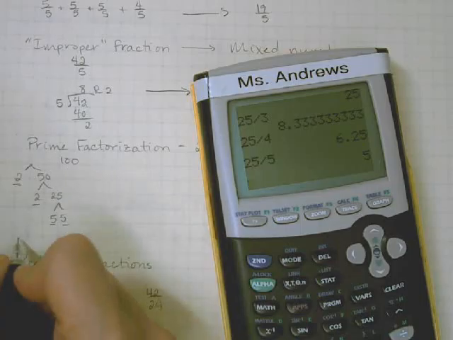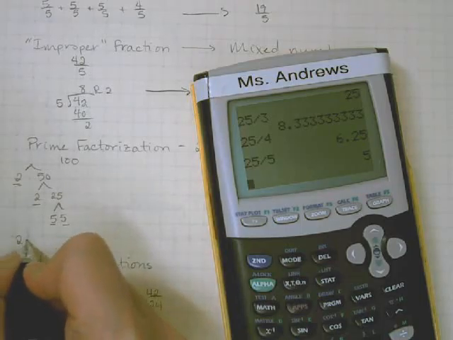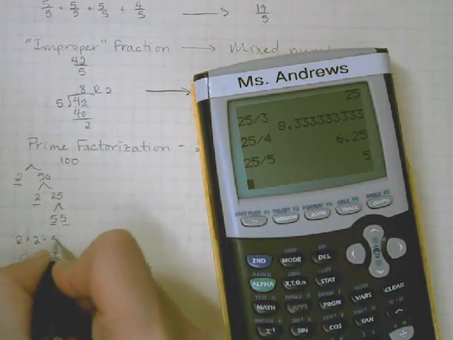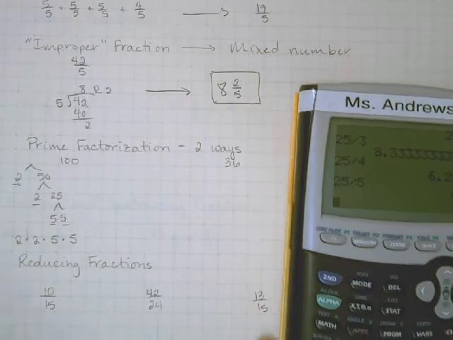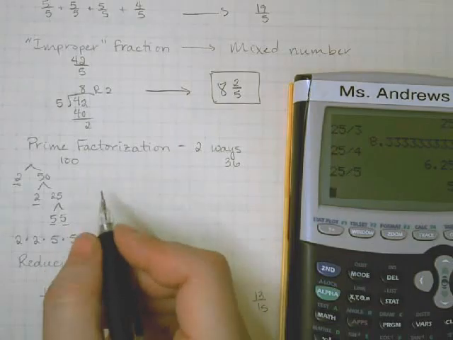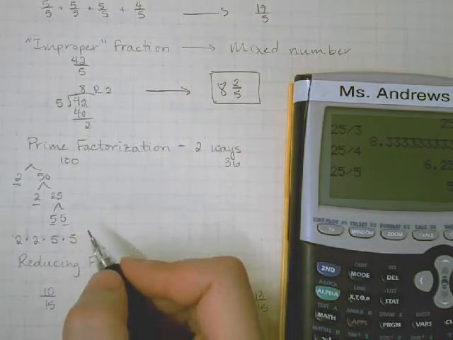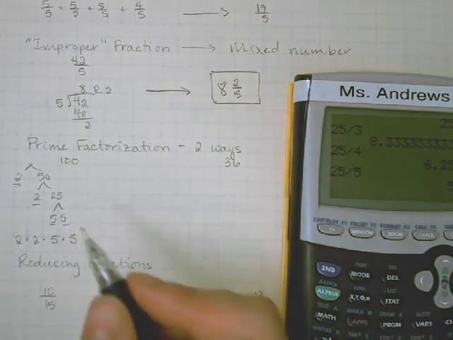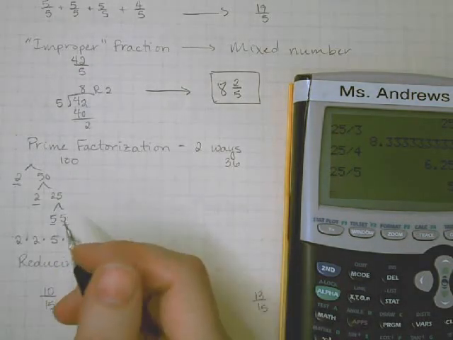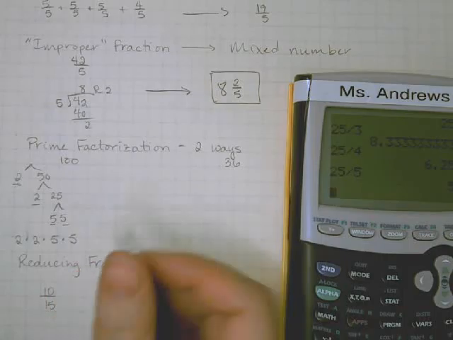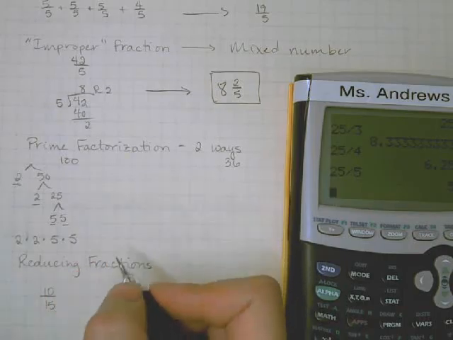Now, the other way I'm going to show you is a way of listing all of your factors. And this is really, really useful when we're doing factoring much later on with polynomials and quadratics and that kind of thing. So you always start with 1 and the number, 1 and 100. And then you go to 2, 2 and 50.